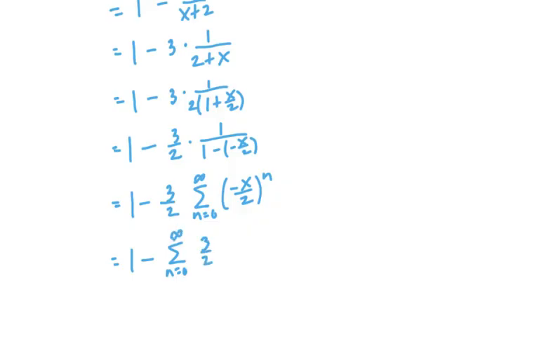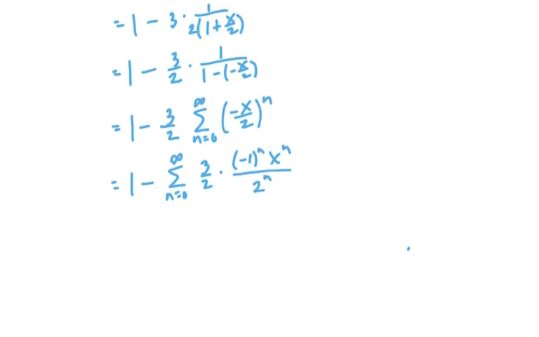And we have 3 halves times, let's go our normal way, negative 1 to the n, x to the n, 2 to the n. So this means the sum from n equals 0 to infinity of negative 1 to the n times 3 x to the n over 2 to the n plus 1.